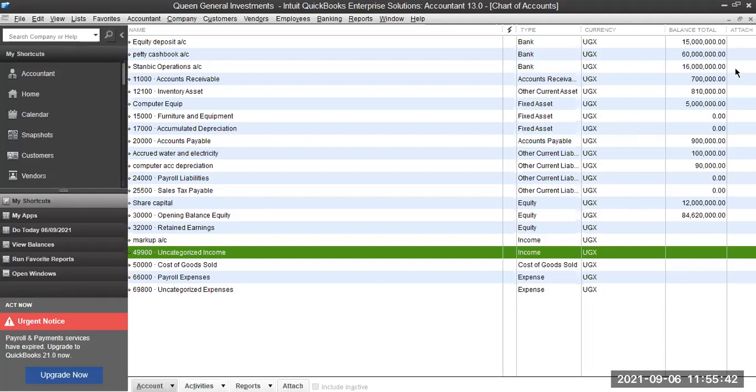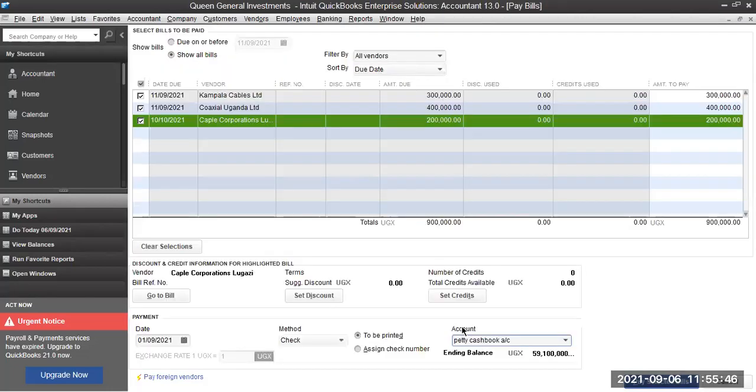And now we are saying that we are going to pay these people using cash. And remember, when we said that if we are using cash, we shall always be using the petty cash book account. So that means we pay by the petty cash book account.